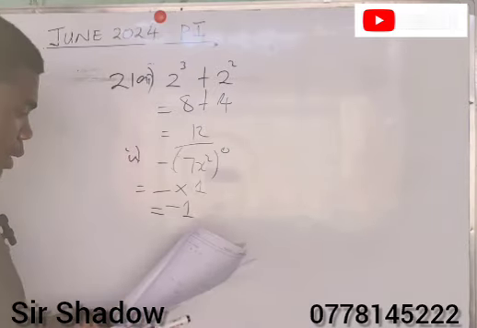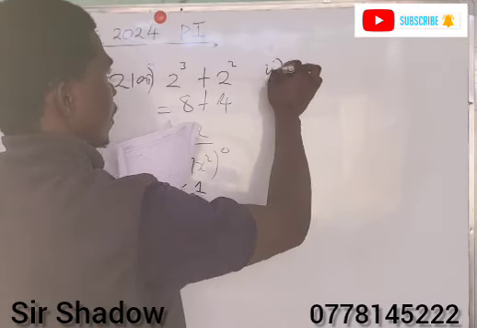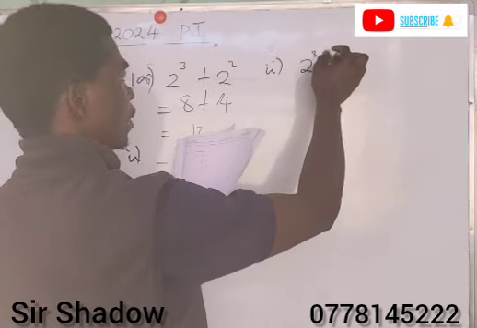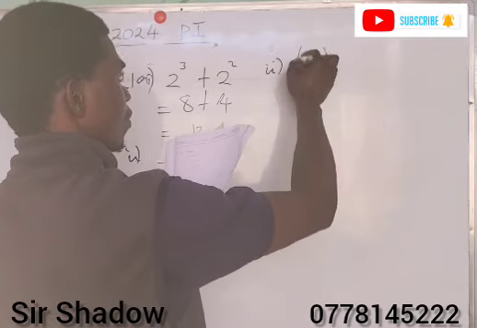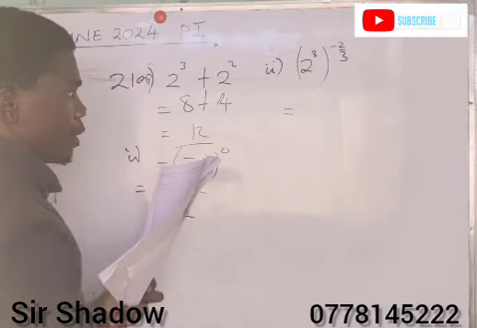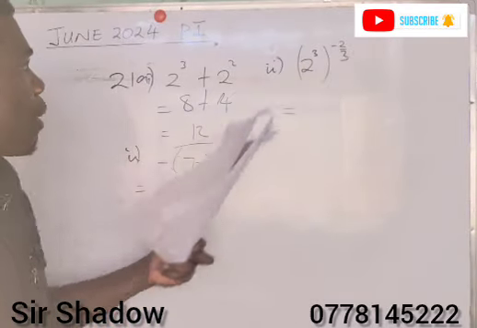Then let's move on to item 3. Item 3, we are given 2 to the power 3 all to the power of minus 2 over 3, and we want to evaluate this. What you have to understand is, if you are given power to power, we multiply.